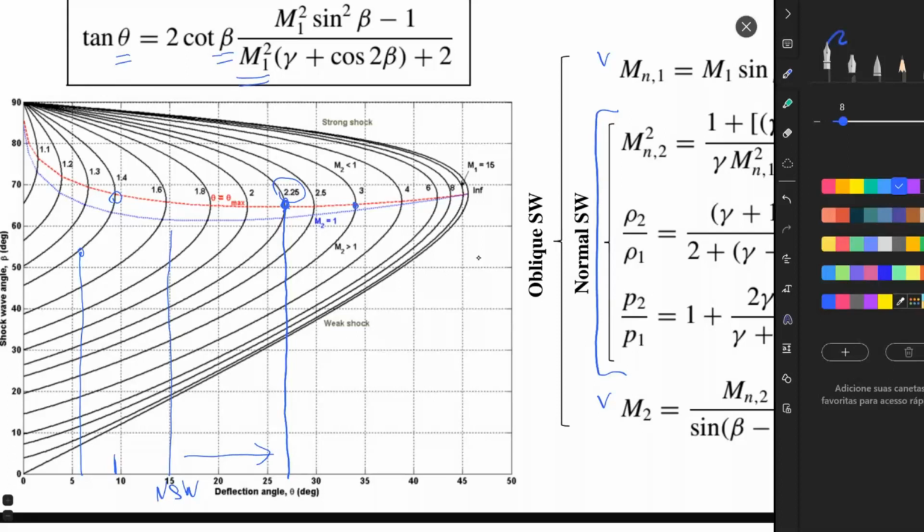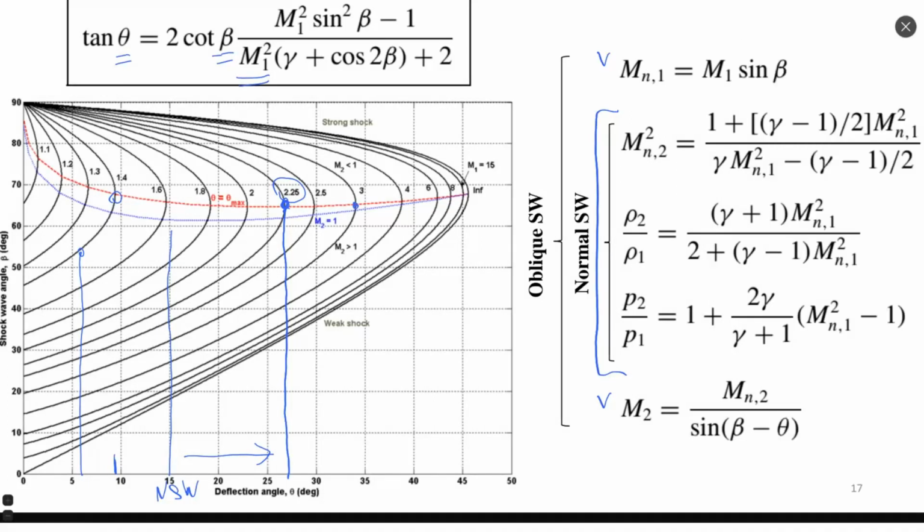Probably I will use red color. Here is my cross section with Mach 3, and I will approximately take this value of beta. How much could it be? 33. Just a guess. 33 degrees.